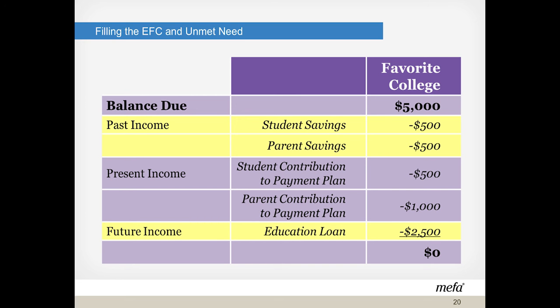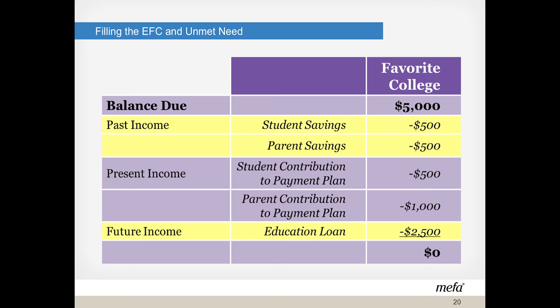Often families use different resources to come up with the balance due at the college. So in this example, my family has put together some savings from the student and savings from the parent, $500 each. Many colleges offer a payment plan that allows you to pay for college over the course of the year.